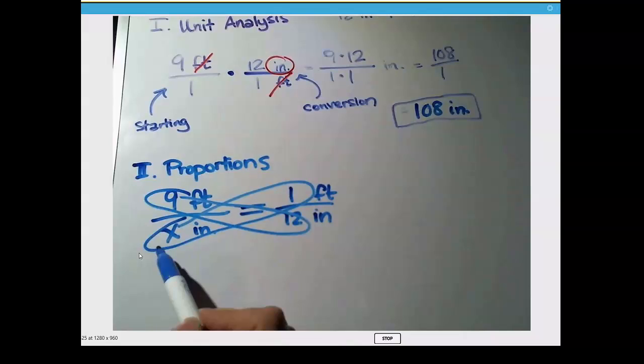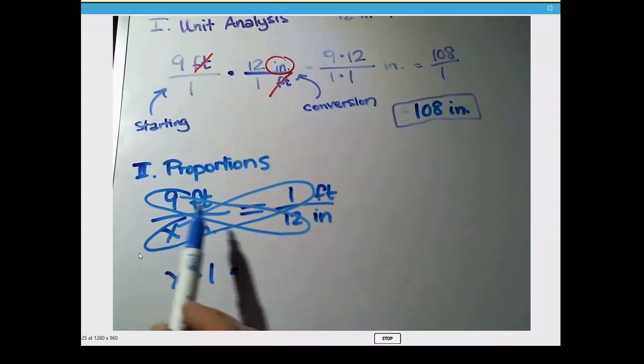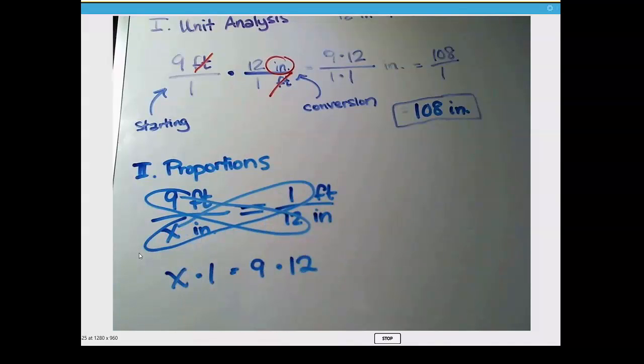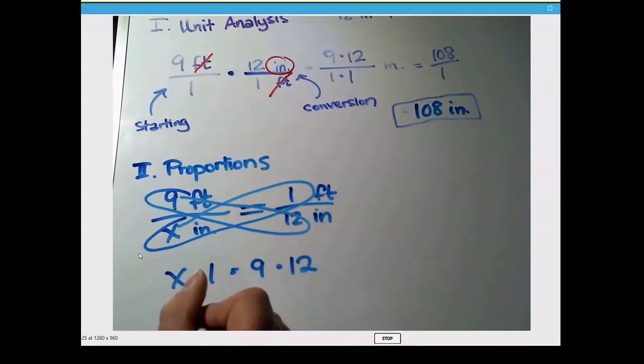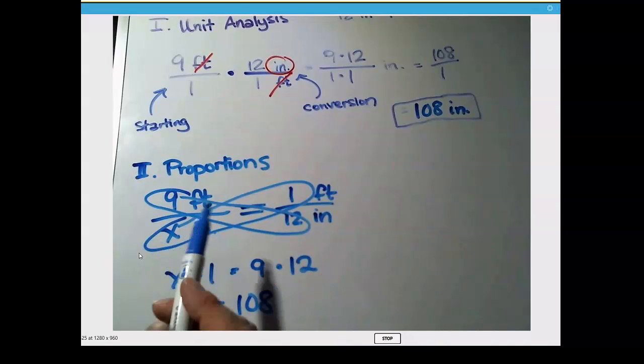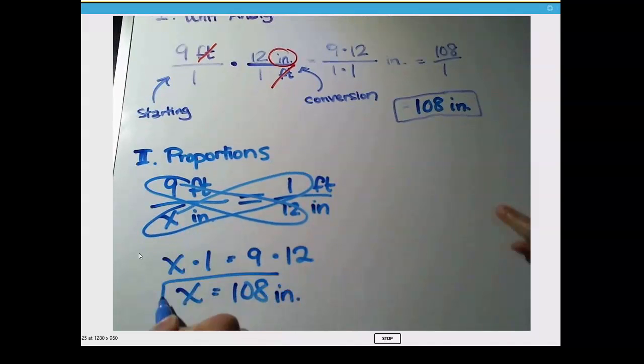So it's going to be x times 1 equals 9 times 12. X times 1 is just 1x or x. 9 times 12 is 108. And the x represented inches. So you can get it that way too.